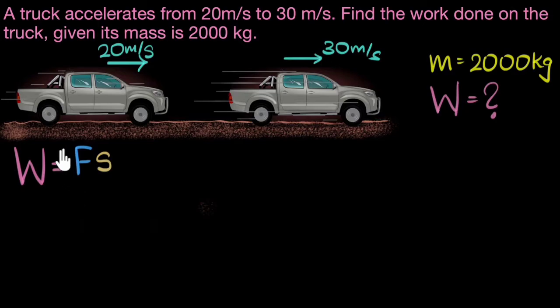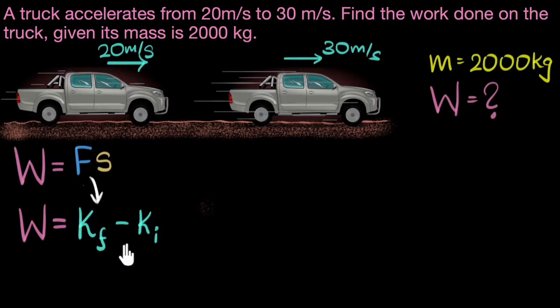But guess what? We have already done this before. If we were to plug in for F equals ma and somehow substitute all of this, we will eventually arrive at an equation called the work energy theorem, which says that work done equals change in kinetic energy. So work done equals final kinetic energy minus the initial kinetic energy. And this equation can be derived from here.